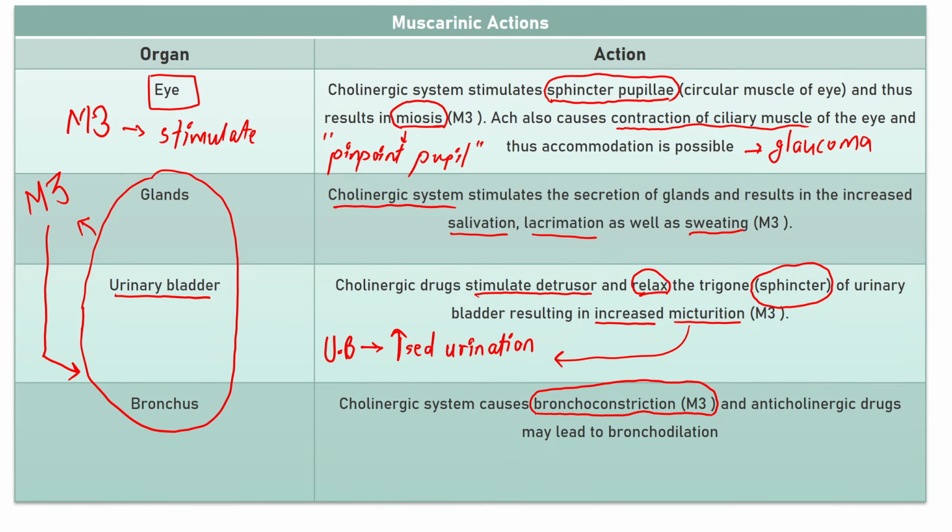And therefore, we use anticholinergic drugs, mostly in asthma, such as ipratropium. This drug antagonizes this function. It opposes M3 action in the bronchus and causes bronchodilation. Bronchodilation is useful in asthma.